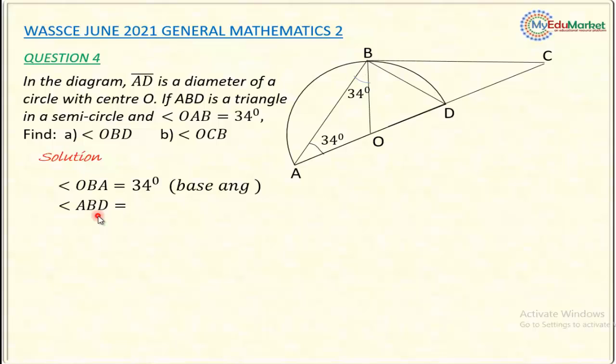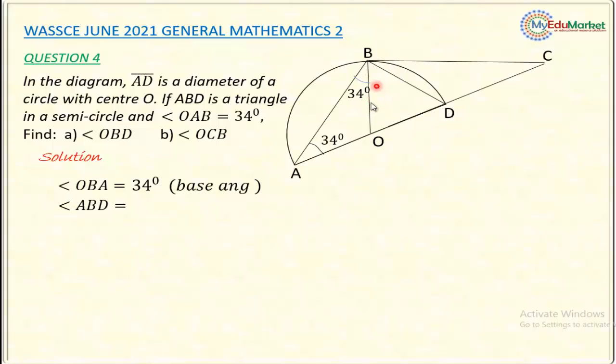Next I'll get angle ABD, the whole of this angle, all in an attempt to get angle OBD, the angle I'm asked to find in question A. If I have the whole angle, I'll simply subtract the part I know.